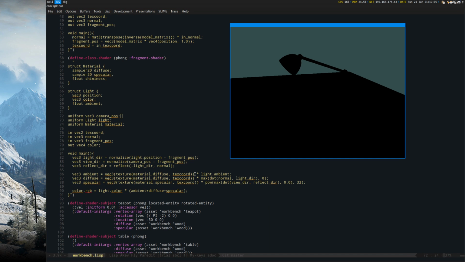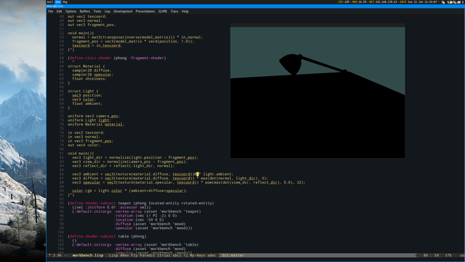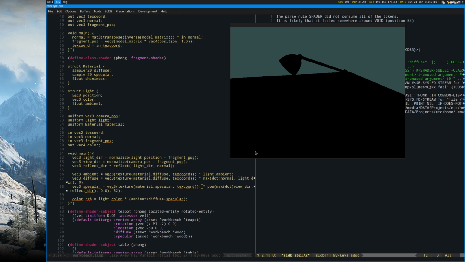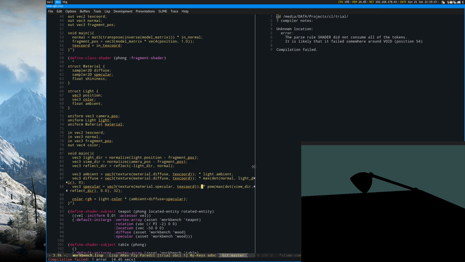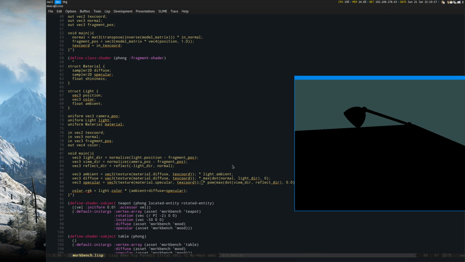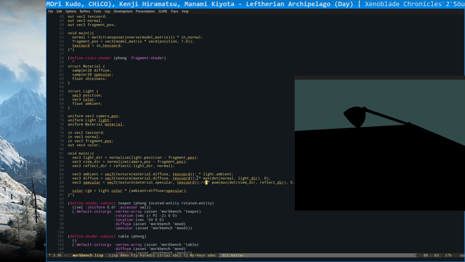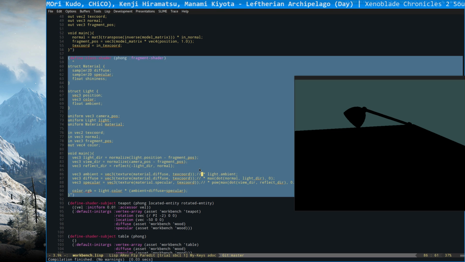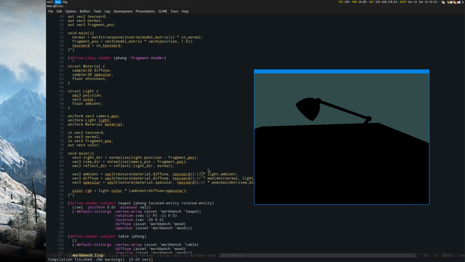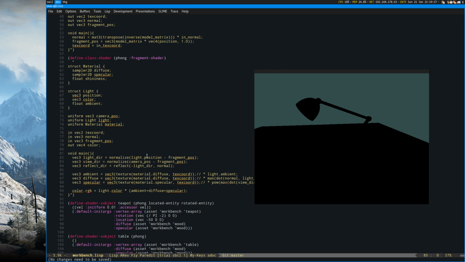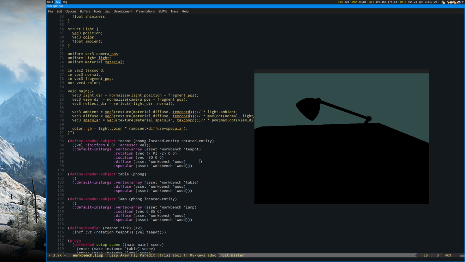What if I just do this instead? Oh wait, that works. Why? Are all the textures right, or what is going on here?